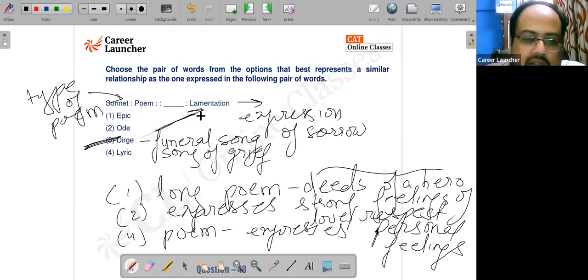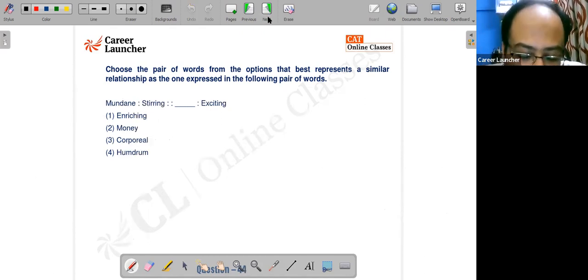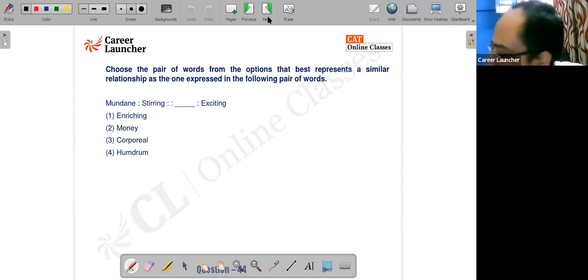Lamenting is expressing grief or sorrow. Okay, very quickly, last two questions. We are almost done with the sheet. Which question, Parul?